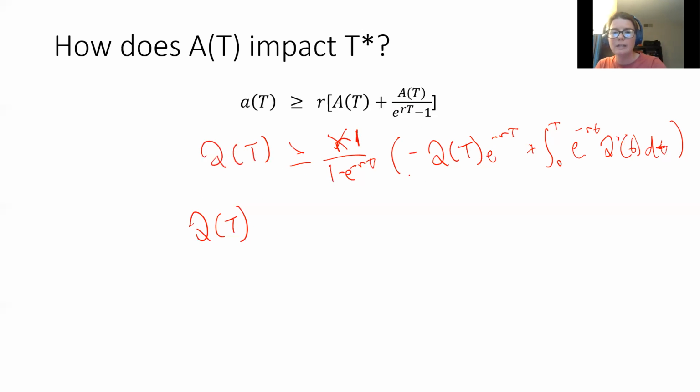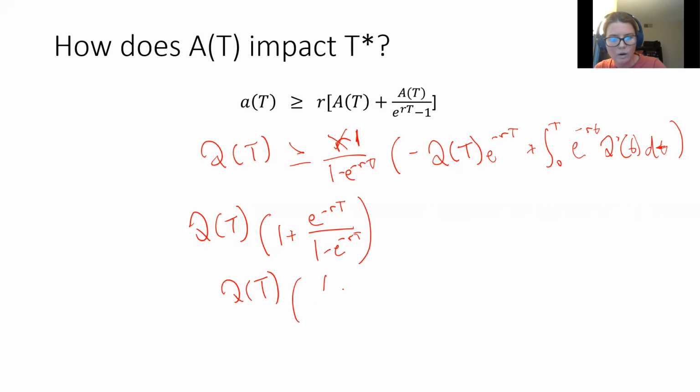When we bring this term over here, we'll end up with Q cap T times 1 plus e to the negative rT over 1 minus e to the negative rT. Again, we can simplify this type of expression, just how I did before, so that it equals Q cap T times 1 over 1 minus e to the negative rT.